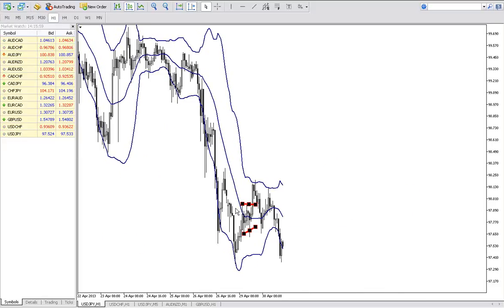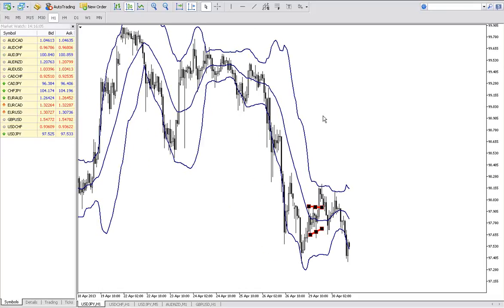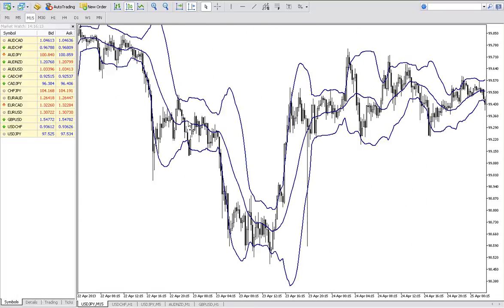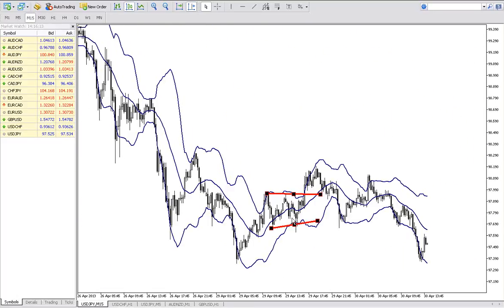That's where a lot of people miss out, and to be honest, I don't really know why, but this is probably the most perfect way to trade these flags, because the key to the trade is the area of consolidation in different time frames where it hits that lower Bollinger Band.